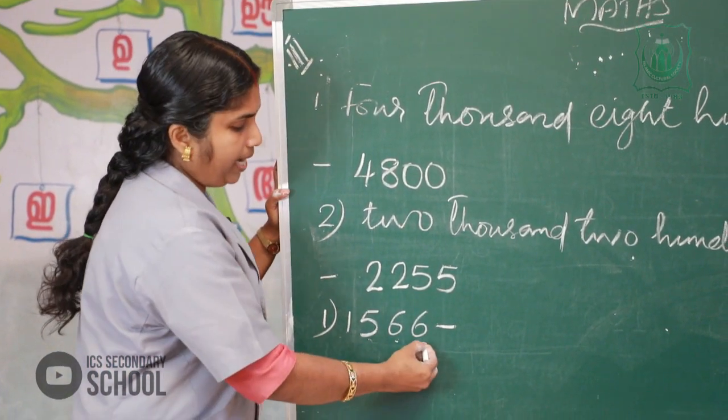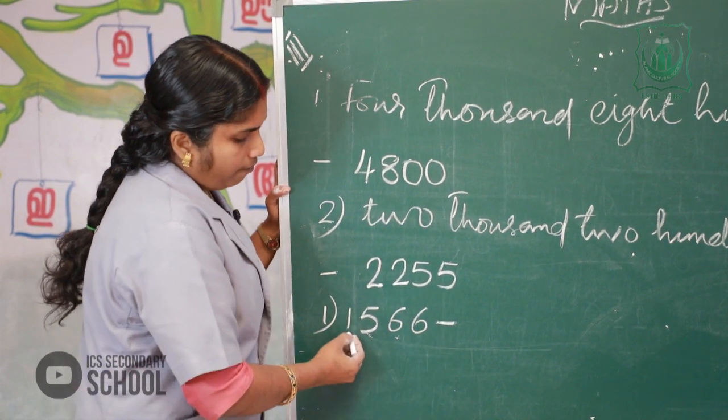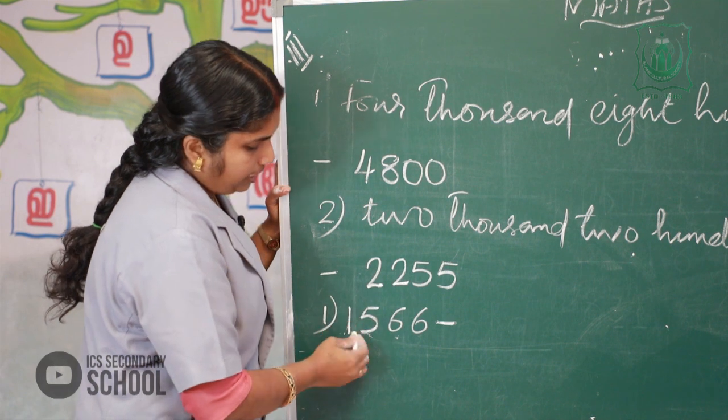1 place, 10 place, 100 place and 1000 place. In the 1000 place we get the 1.